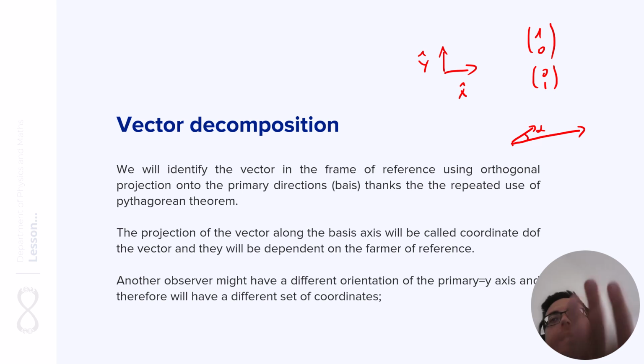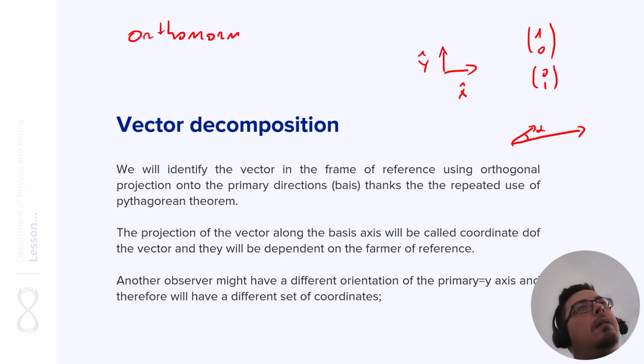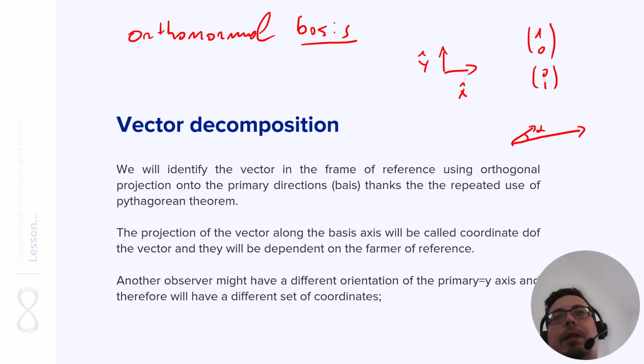You can still create any vector out of a combination of the two. It's a generalization of what we saw before, but we don't want to go into this detail. We simplify our lives and always consider orthonormal bases, which follow the Pythagorean theorem. And from the orthonormal basis, we can get the coordinates of our vectors: x, y, and in 3 dimensions z, for example.